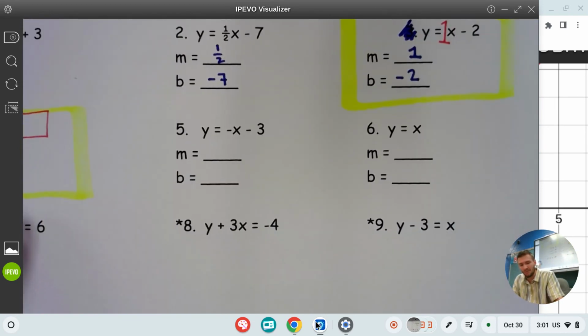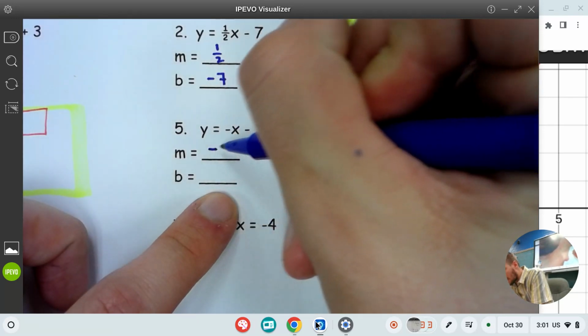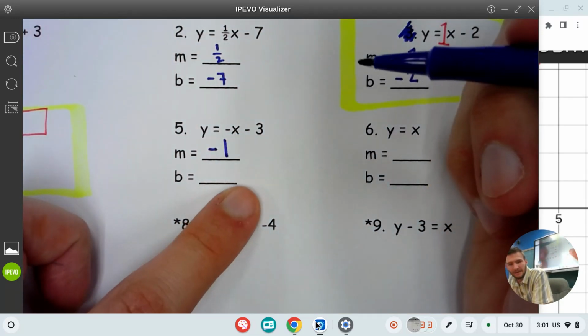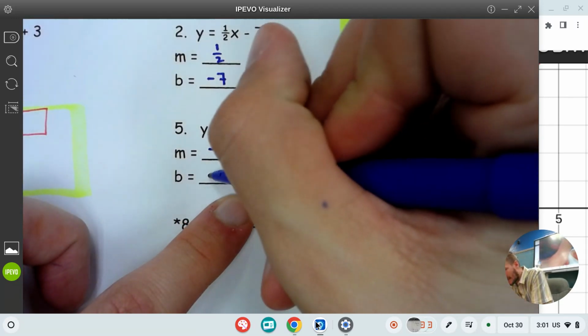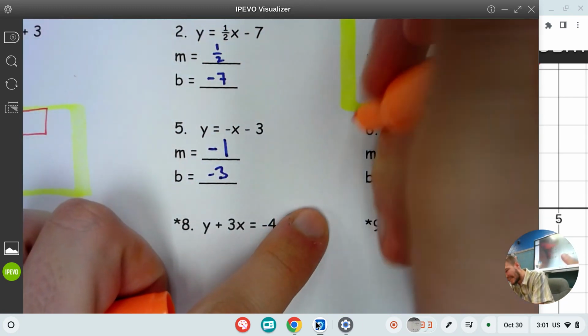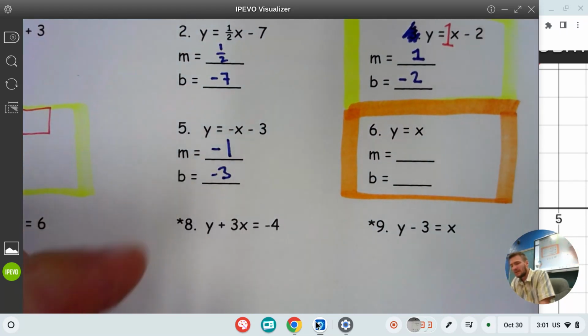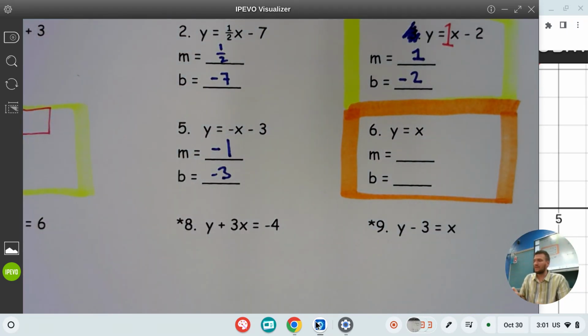Okay, we're going to finish up really quick. 5, what's the m? -1. And what's the b? -3. And here's kind of our big question here. 6. It's the culmination of all of our efforts. Y equals x.